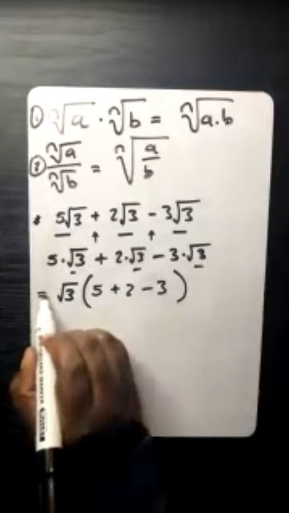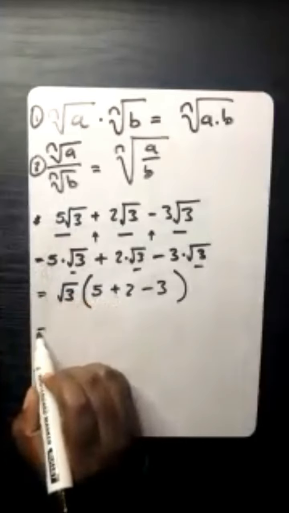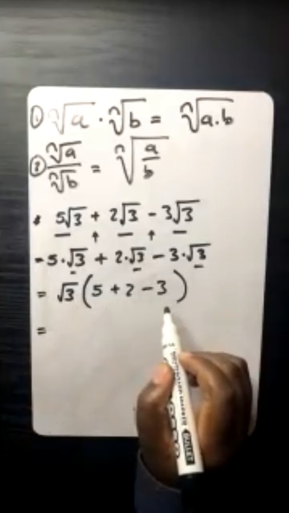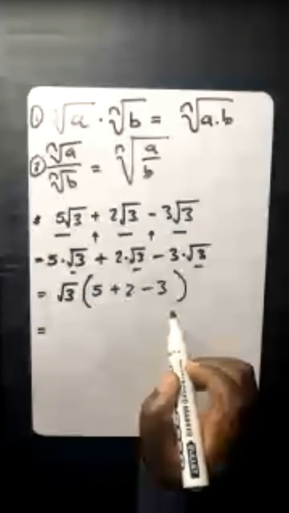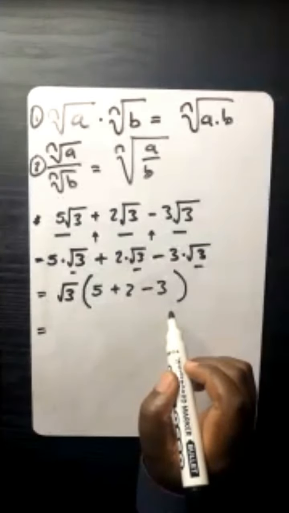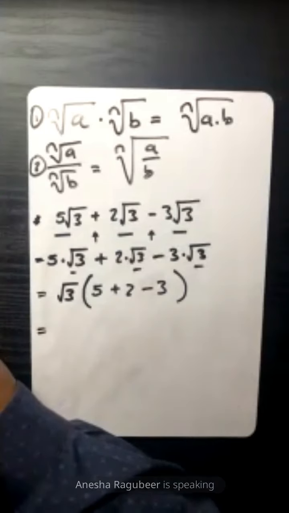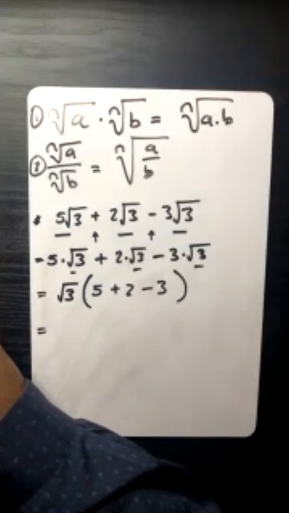So now, obviously, you can work out all of that. What is it, Shreyas? 4, sir.